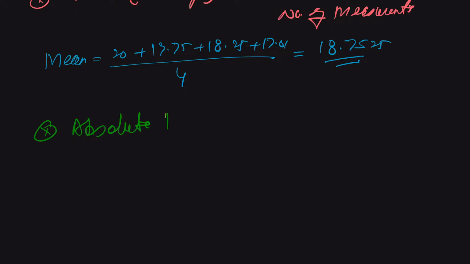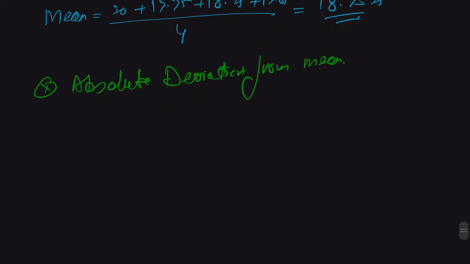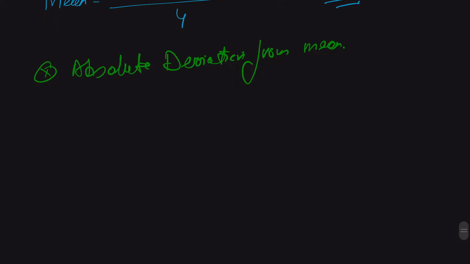Now we are going to find out the absolute deviation from the mean. So we have our measurements, and then we have our deviation.